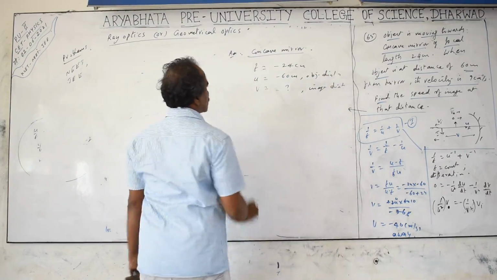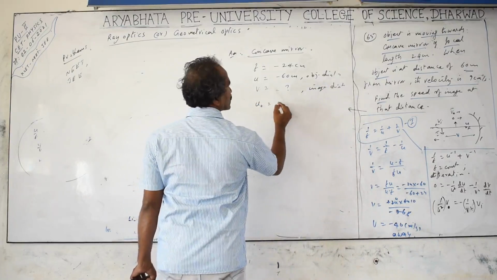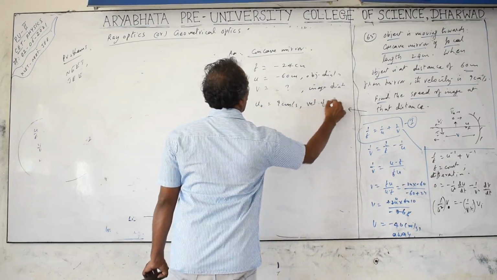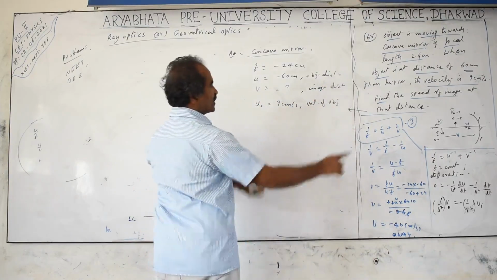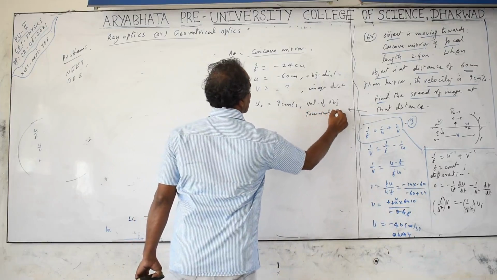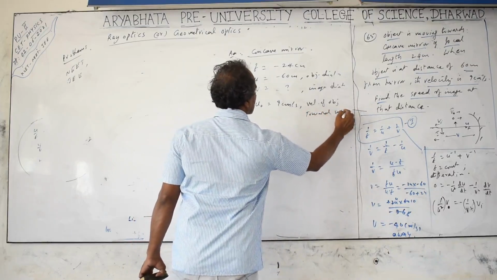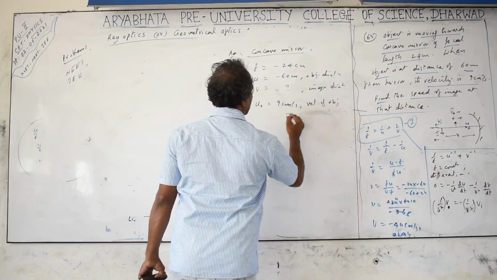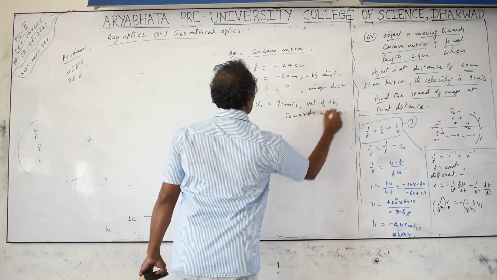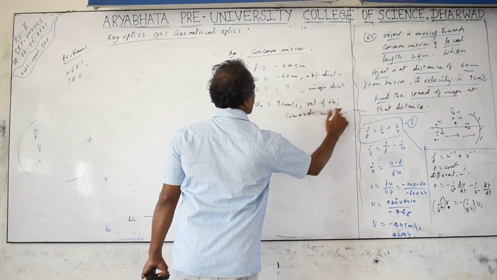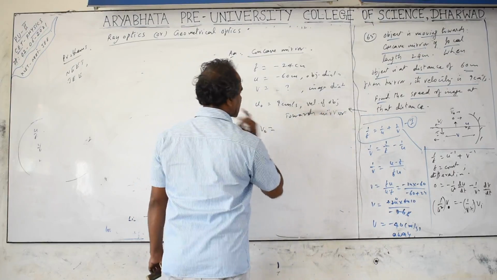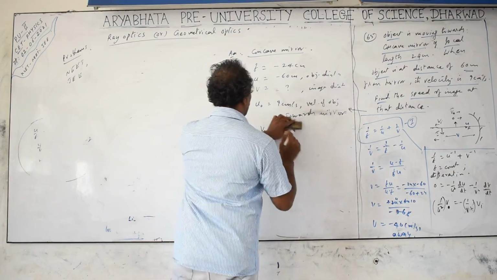Next, the velocity of the object u is 9 centimeters per second towards the mirror, so we take it as plus, since towards the mirror, right side distances, we take as plus. VI, the velocity of the image, we have to find out.